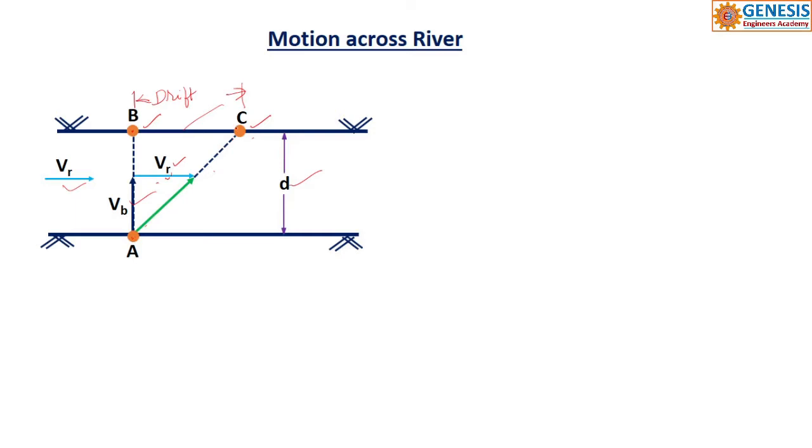This shifting from B to C: actually he wants to move from A to B, but because of VR he is carried away. Let me explain what VR is. VR is the absolute velocity of the river relative to the ground. Ground means it is fixed.